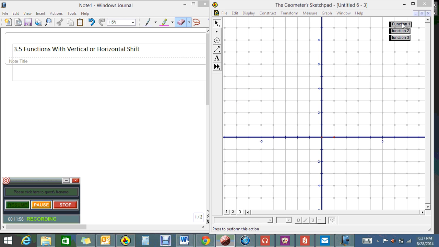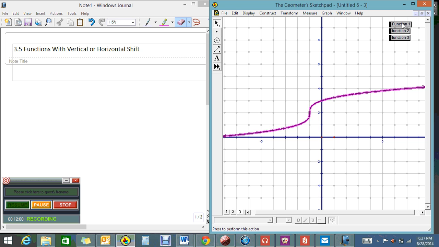Now let's just look at a couple that will kind of go backwards now. So here we have this function. I want to come up with the equation of the function. So first I have to identify the parent function, right? So hopefully you recognize this as the cube root function. The cube root function, only instead of being centered at 0, 0, here it is centered right here at -1, 2.